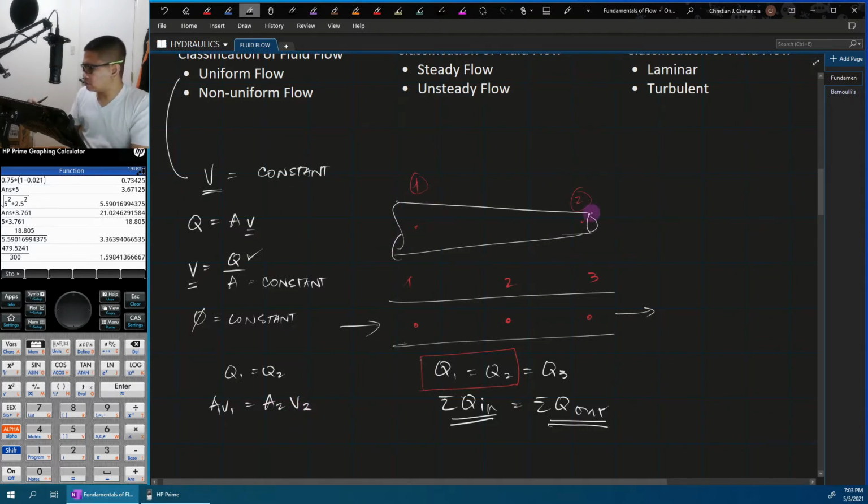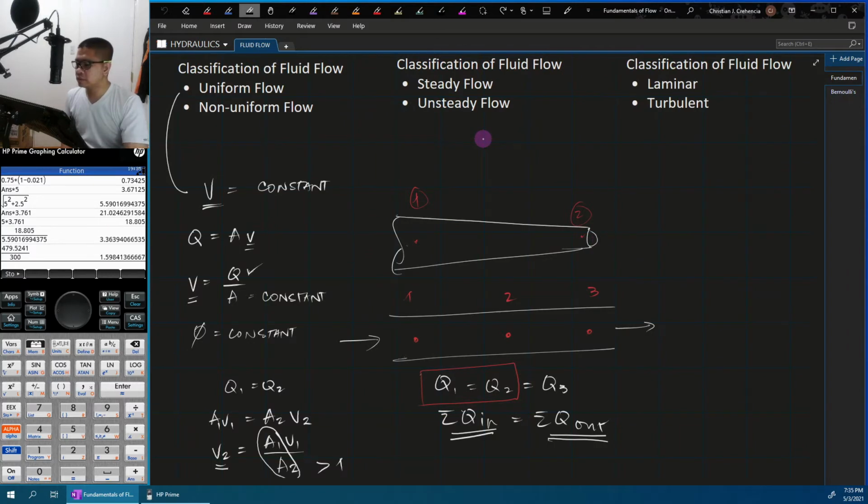In this figure, mas malaki yung area 1 sa area 2. Solving for V2, this will be A1 V1 over A2. If A1 is greater than A2, this value will be greater than 1, kasi mas malaki yung A1 kaysa sa A2. So if this is greater than 1, then velocity 2 will be greater than velocity 1. Bibilis yung velocity natin dito sa point 2. Therefore, in this kind of conduit, we will have a non-uniform flow.